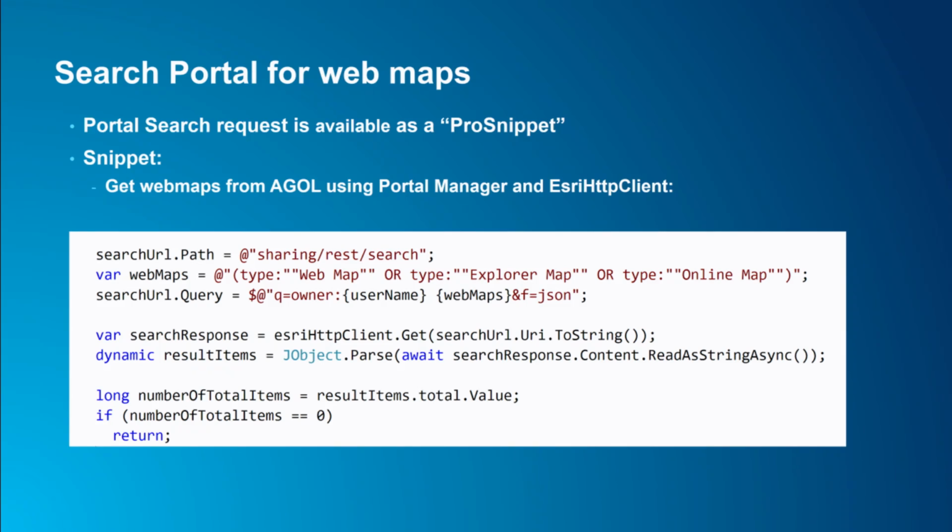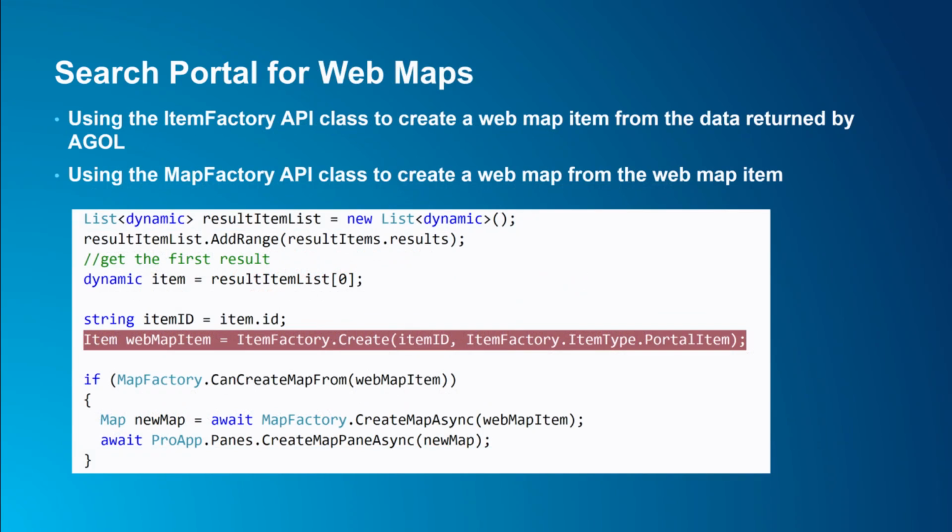And in this case, I look for the total items. So my result items, in this case, there's a total member. And if I look at the value for that, it gives me a long number of all the returned items. And actually, we do this in our next demo, just in a minute.